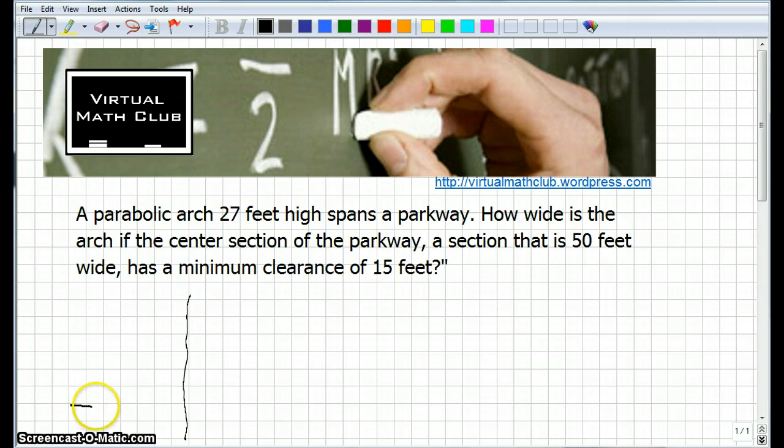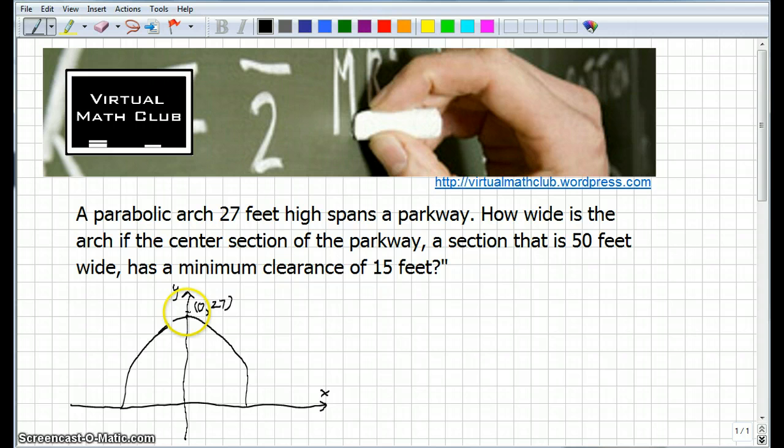There's a Y axis and an X axis, and a parabolic arch would be an upside down parabola, so it'd look kind of like this. We're told that it's 27 feet high, so on an XY coordinate system, this would be 0, 27 up here at this point.